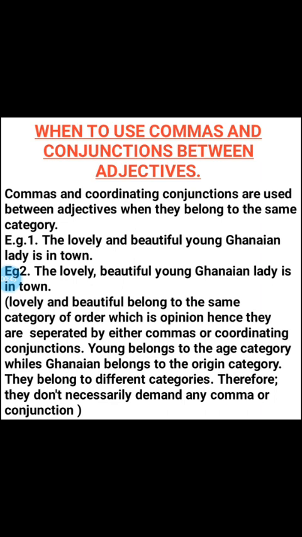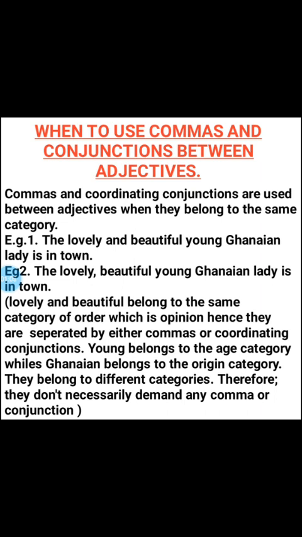We saw that we had 10 categories of order in adjectives in our previous video. And when you get adjectives that modify a particular noun and they belong to the same category, then they demand a comma or a conjunction to separate them.